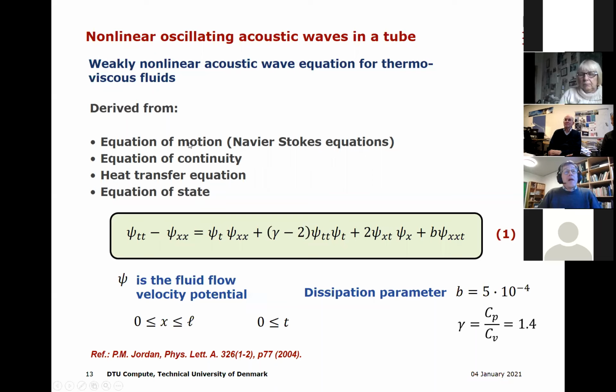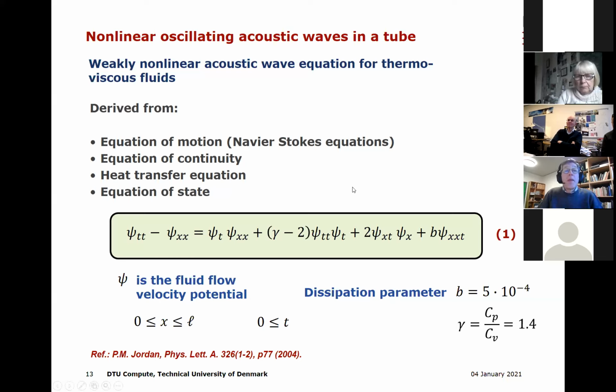The way you derive them is that you take the equation of motion, that is the Stokes equation, and the equation of continuity, and now you include heat transfer, and this means you have an equation for the entropy. You also need an equation of state. So the heat transfer equation and the equation of state take care of the thermoviscous part.